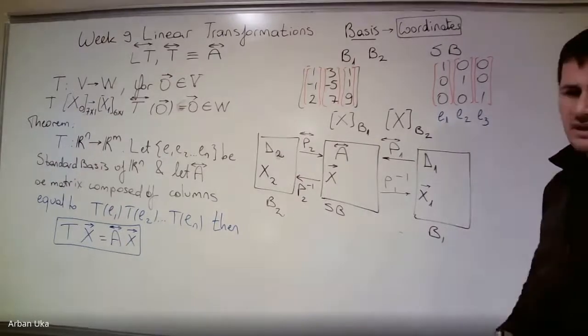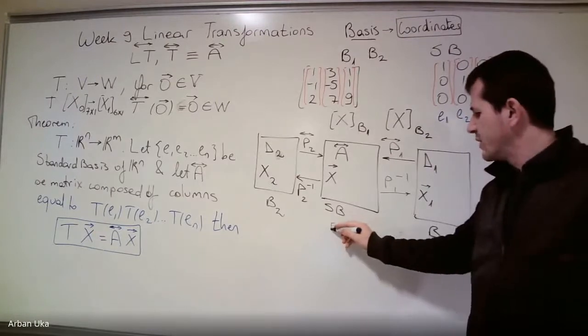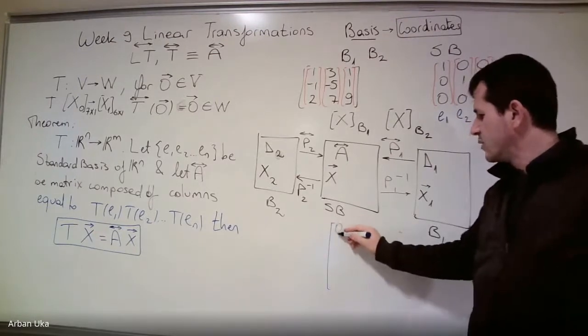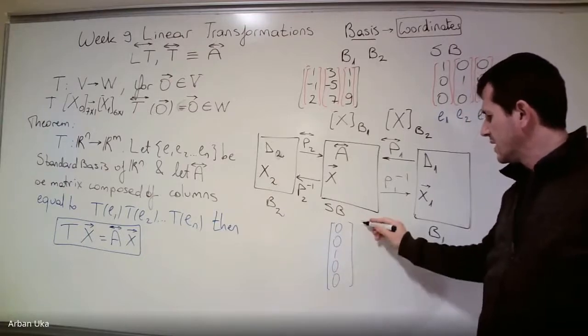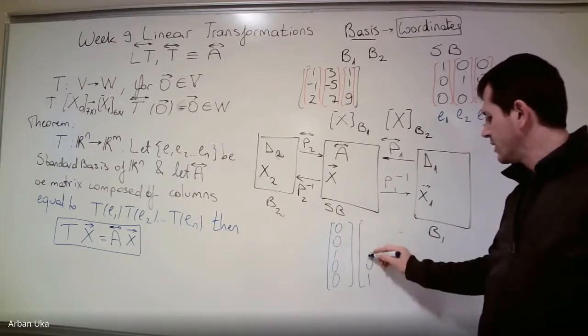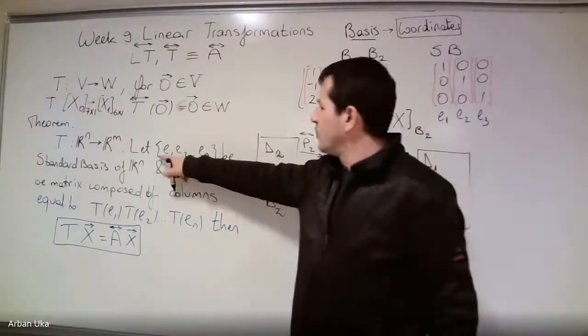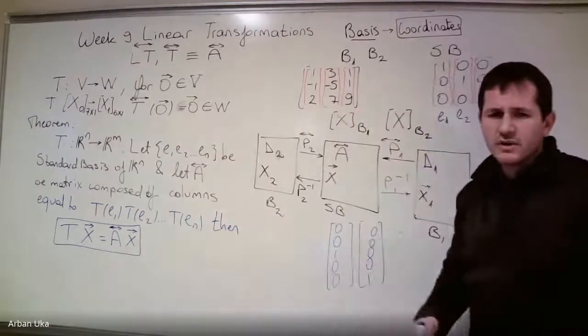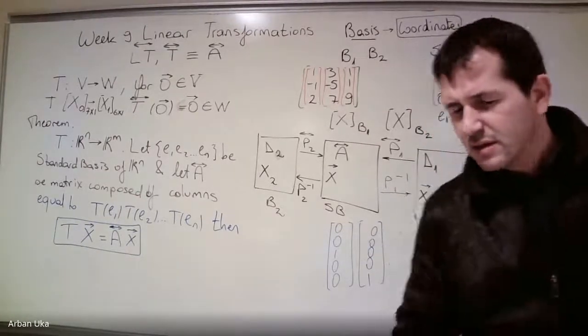So if we have a five-dimensional space, the standard basis, the unit vectors, are going to look like this. And the fifth one is going to look like this. So this is what we call E1, E2, En. At least for this course, think of those as rows.